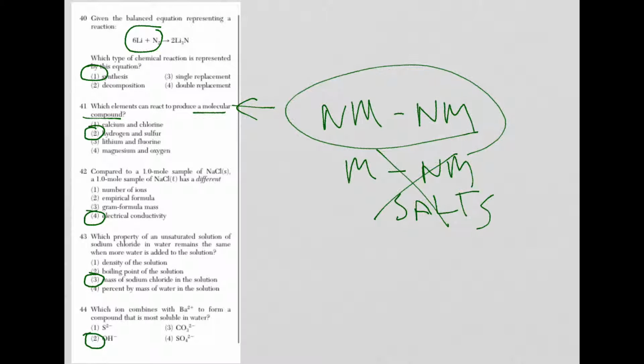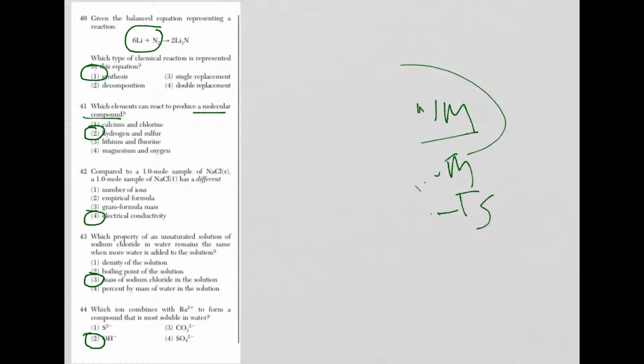Let's take a look at 42. Compared to 1 mole sample of sodium chloride as a solid, I have 1 mole sample of sodium chloride as a liquid. And what's different? Well, anytime I take a salt, which is an ionic compound, again, my metal, nonmetal, the ions will split apart. And when the ions split apart, that means that they have good electrical conductivity.